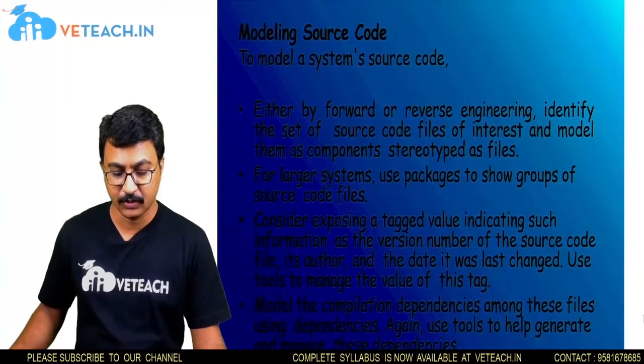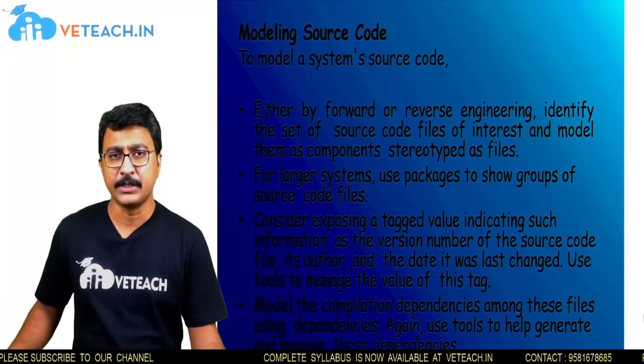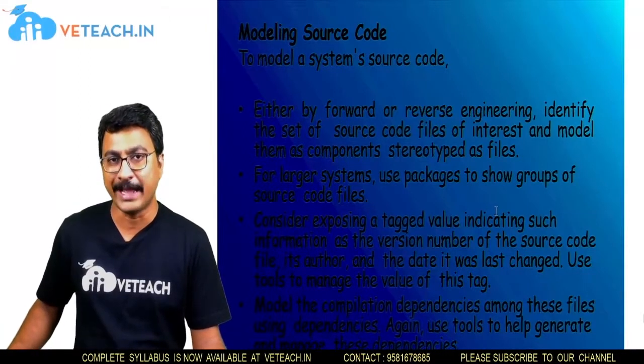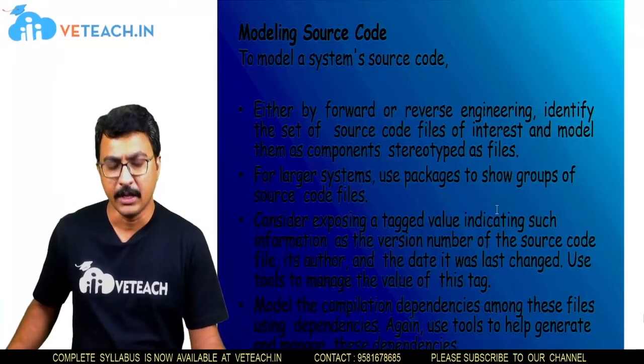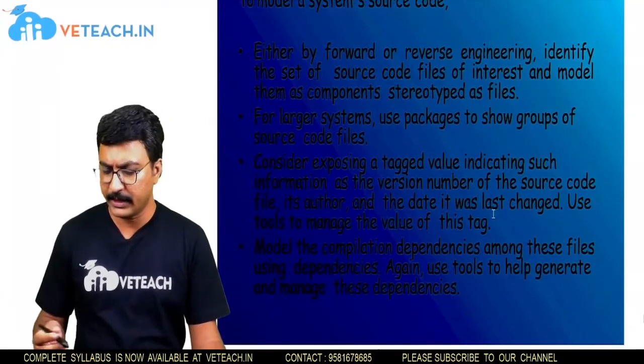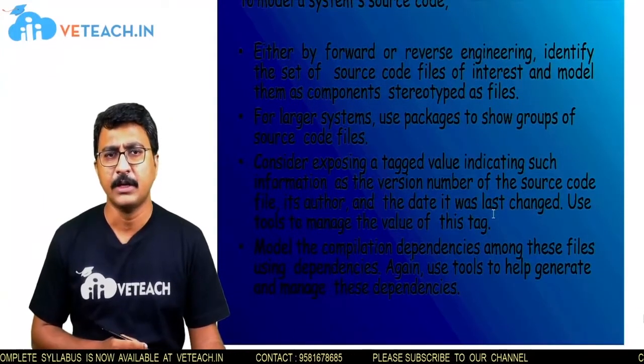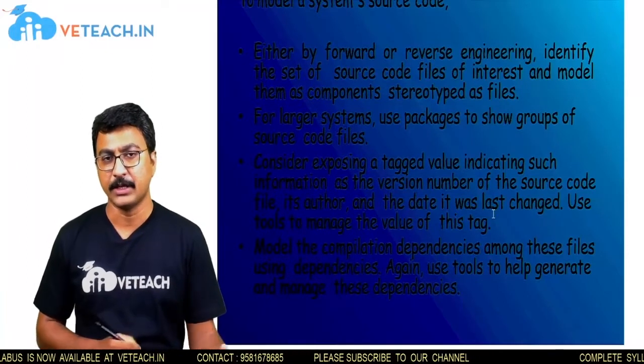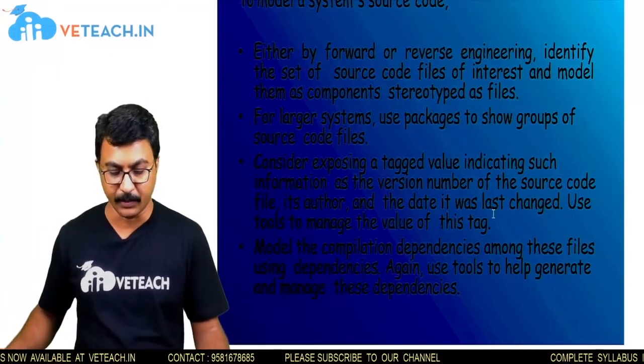So what do we mean by source code? As we said, a component can be used to represent source code, and so a component diagram can be used to model source code. It's a collection of coded files generated by using a programming language.